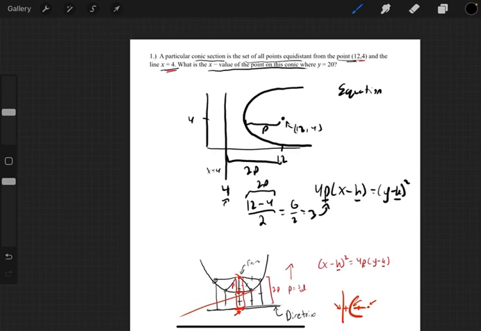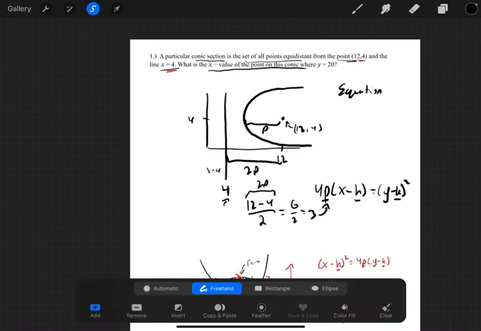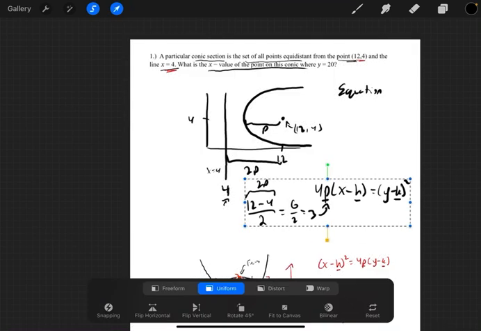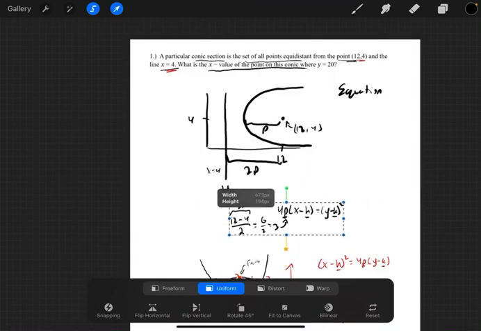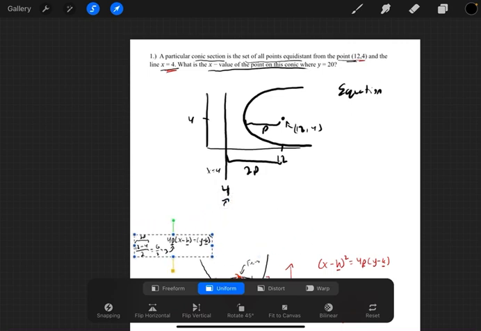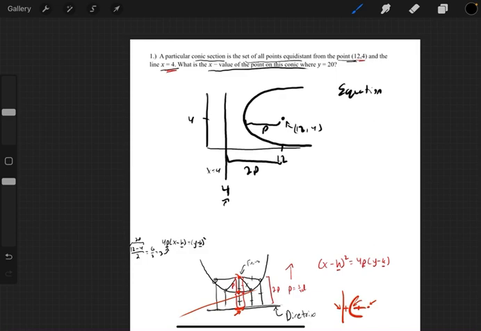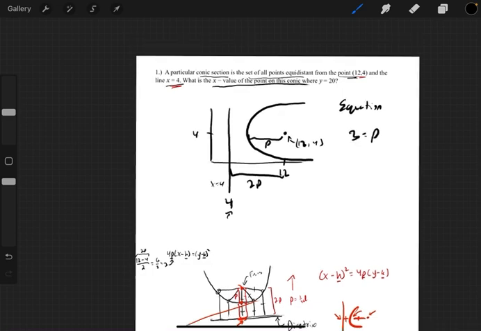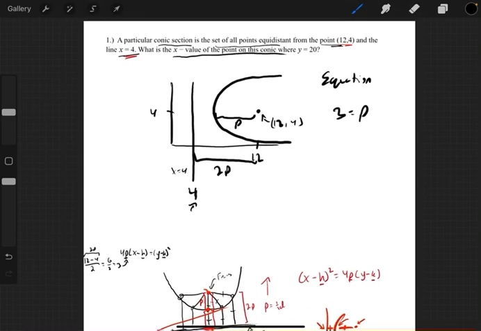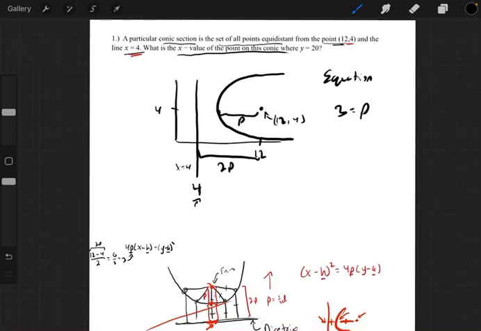So we've decided that 3 equals p. Now to find the vertex, which is the only other part we need. The vertex is a distance p away from the directrix, and also a distance p away from the focus.